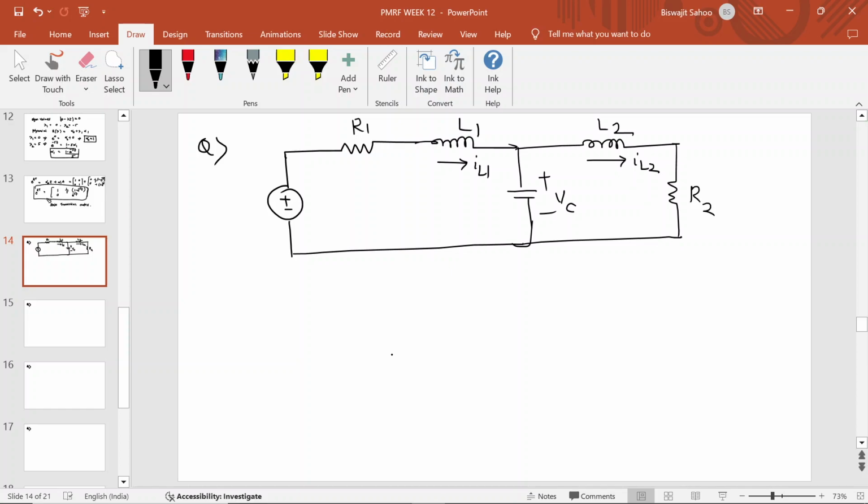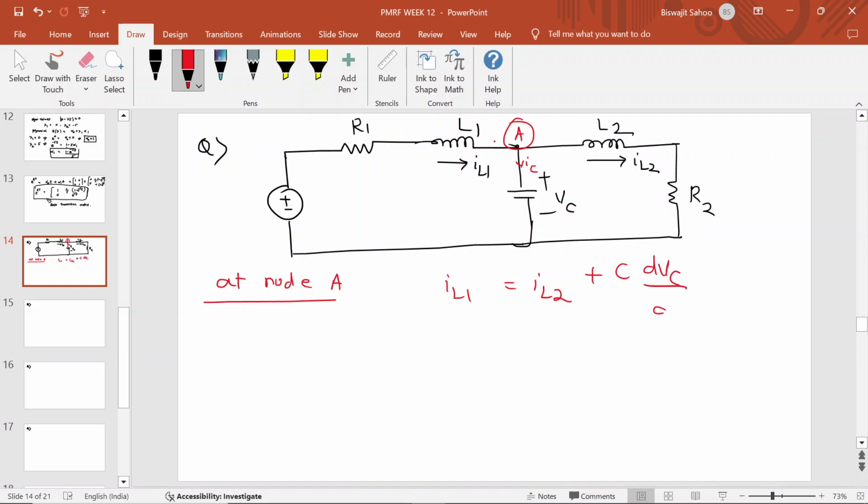Now what you do is simply write the KVL and KCL equations at the nodes. Let me first start with this node, which is node A. At node A, you can write the KCL equation: IL1 is nothing but IL2 plus this current, let's say IC, where IC equals C dVc by dt.